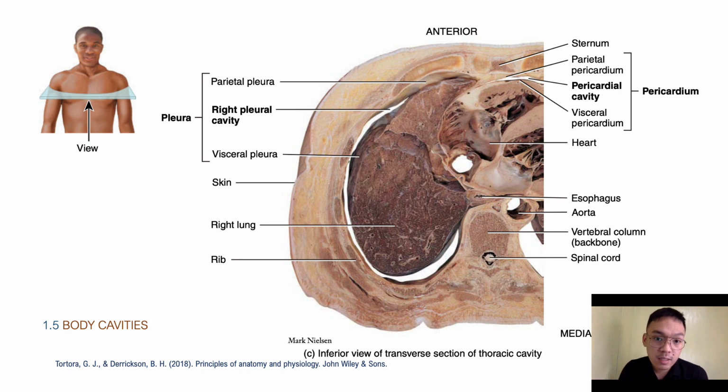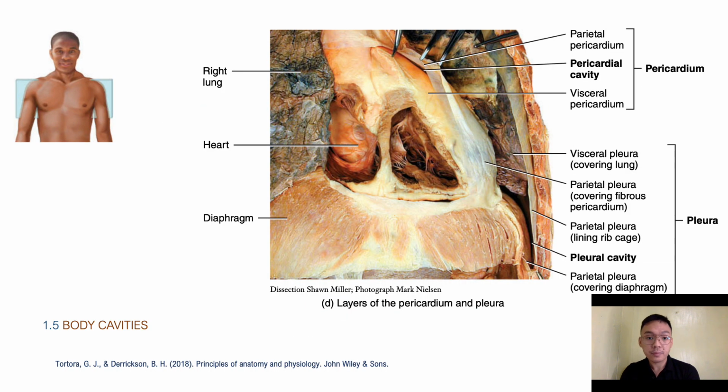Your lungs here, the parietal pleura, the right pleural cavity, visceral pleura, okay, your skin, your right lung, and the rib. Now, this is more of the detailed view of, okay, dissected layers of your pericardium and the pleura.